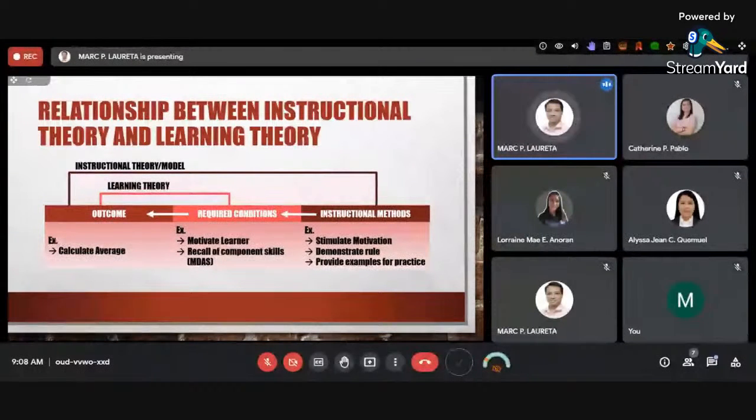On the other hand, instructional theories are able to help us identify methods. The ultimate goal is to attain certain learning outcomes. So this is the difference between the instructional theories and the learning theories. Both are important to instructional design, but they do serve different purposes in order to develop effective instructional solutions.